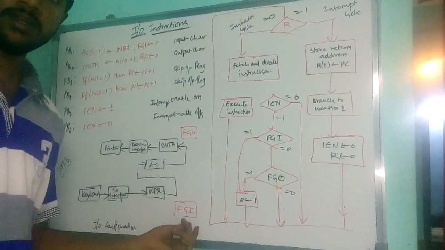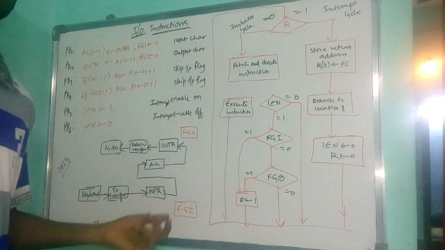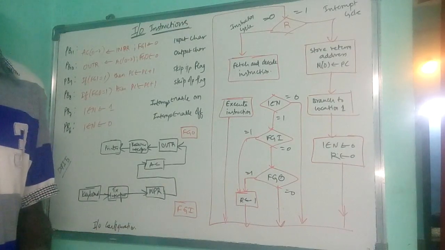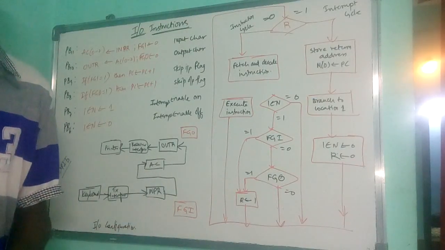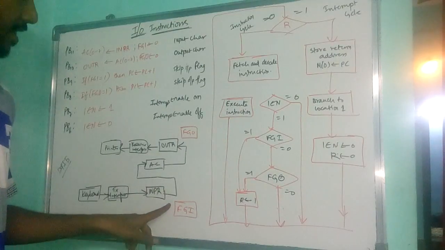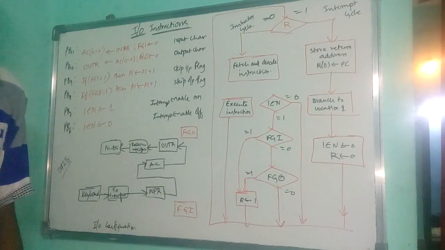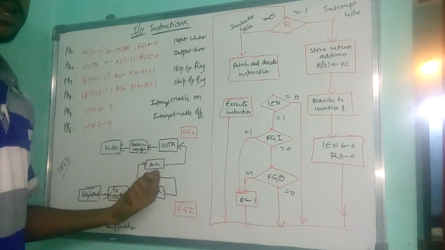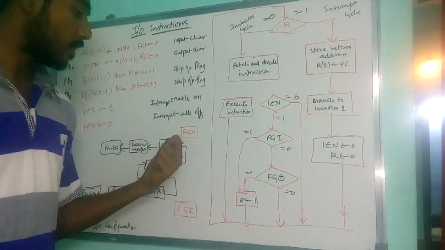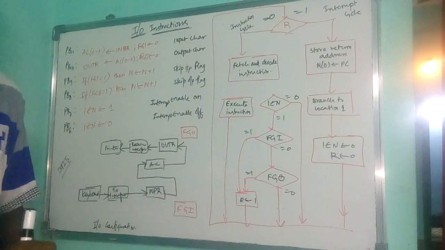Whenever it is 1, the input register has some new information to accept. From there, I will send my input to the accumulator, and from the accumulator it is transferred to the output register in parallel.